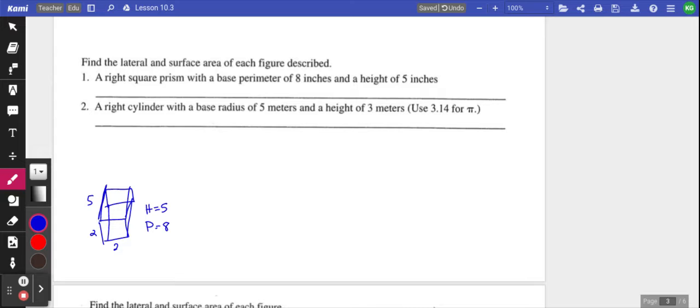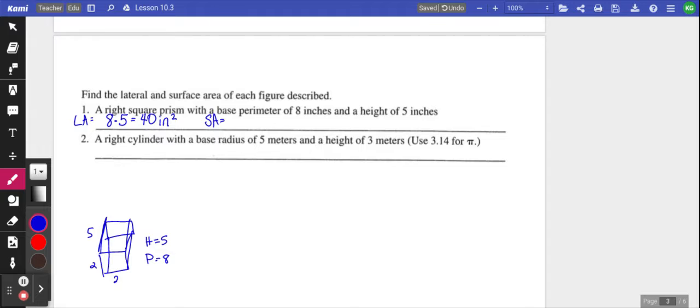Well, for the lateral area, we just have to do the perimeter, which we already know is 8, times the height, which is 5, and that would give me 40 inches squared. That's the lateral area. Now for the surface area, that's if we want to cover the entire surface of something.